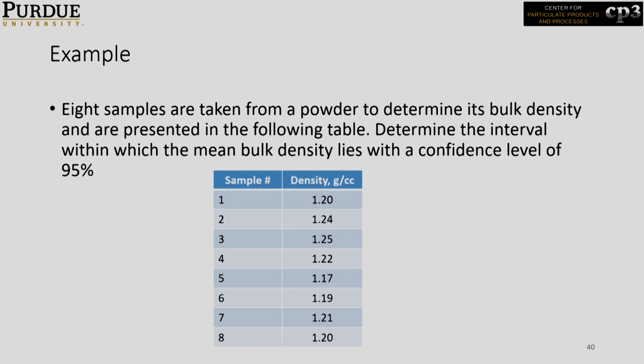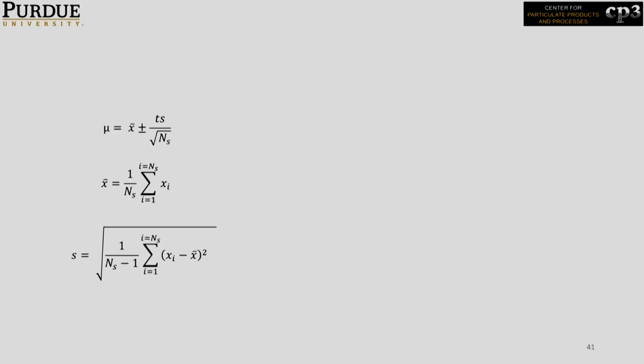Okay, so how do we do that? Again, I have the answer. First thing, you will have to calculate the mean, right? To calculate the mean, you will have to calculate the average value from the 8 samples. Then get the t value from the t table, the Student's t-distribution table.